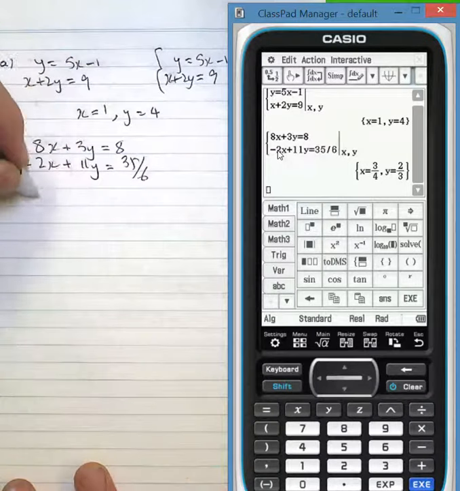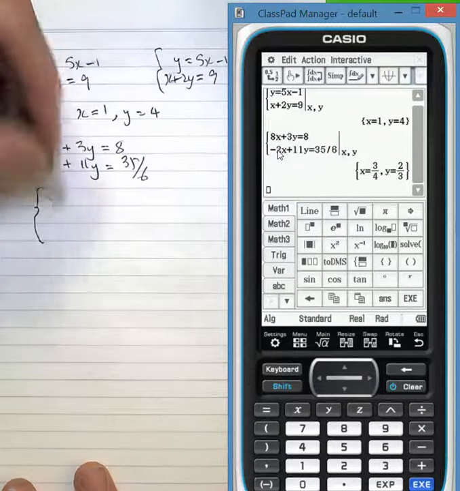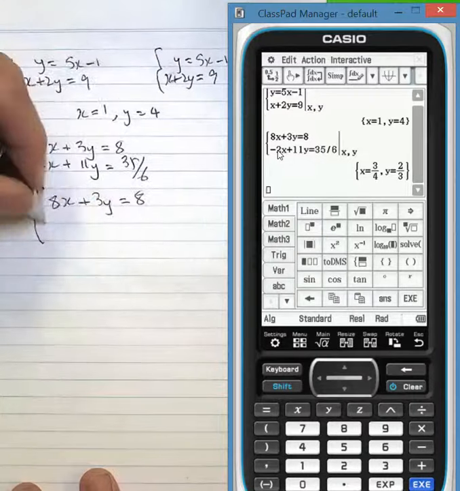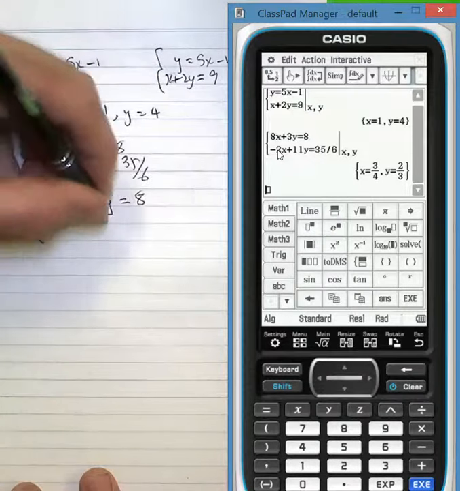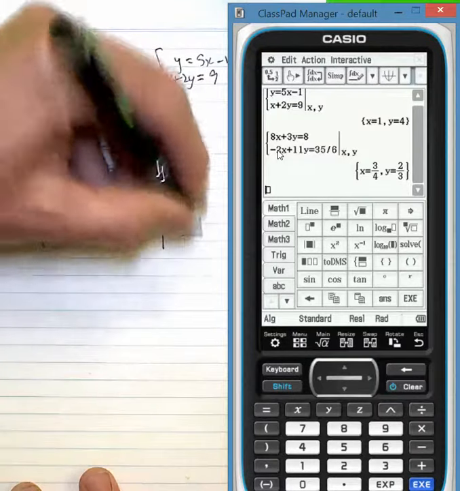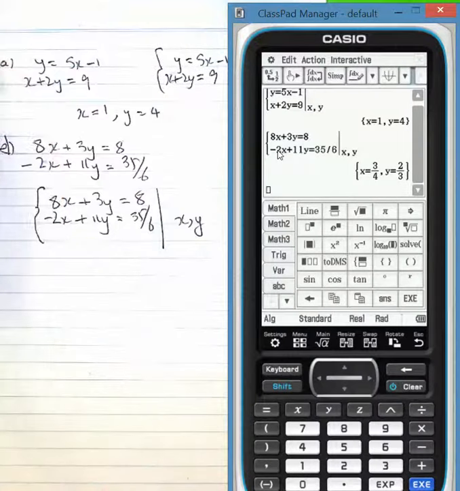So what I do here, if I want to show that I've used the graphics calculator, I've got to just copy down the entry screen. And the answer.